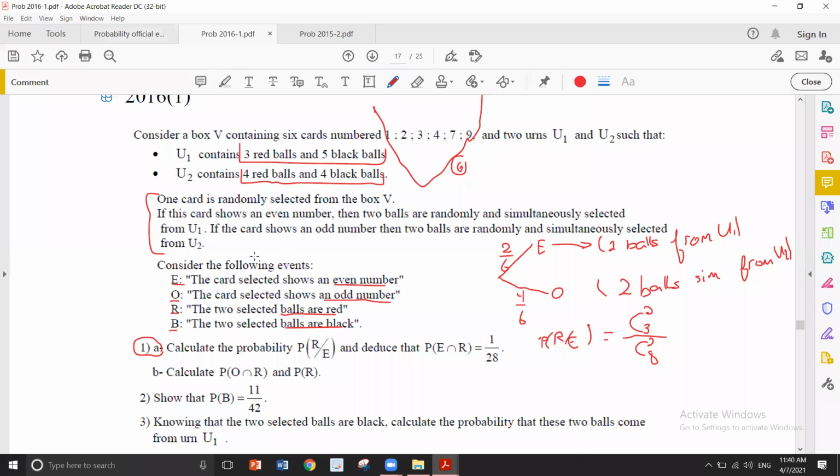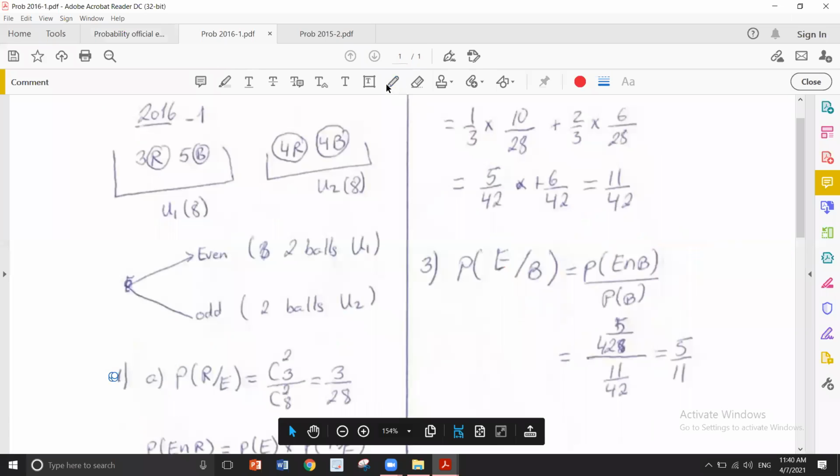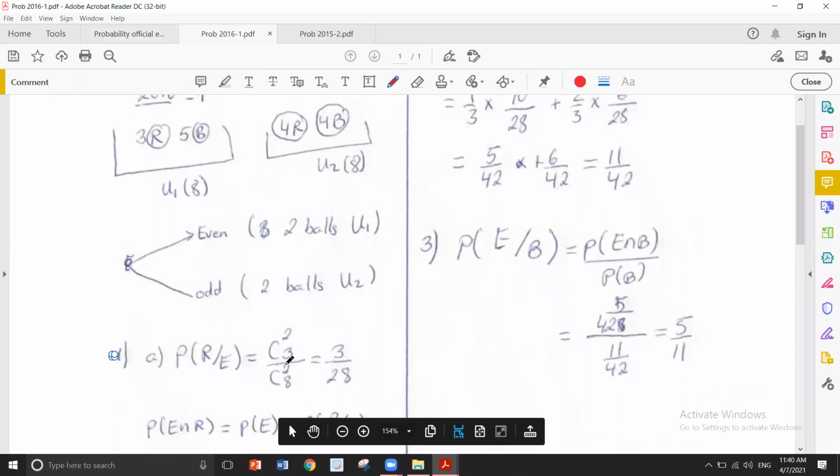So we get the probability of R given E is C(3,2) over C(8,2). We get 3 over 28.